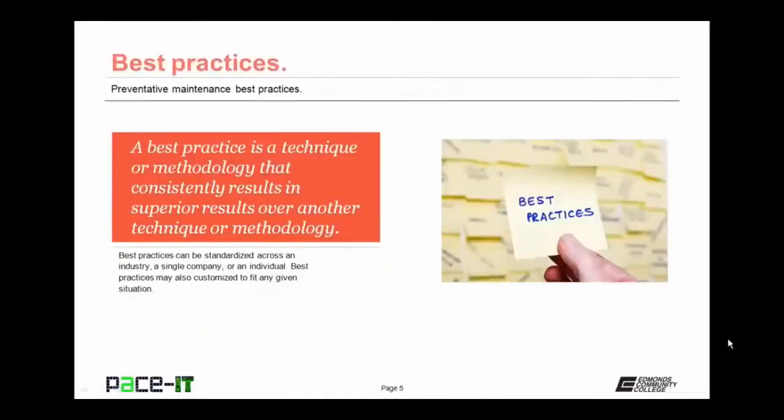So what are best practices? Best practices are a technique or methodology that consistently result in superior results over another technique or methodology. Now, best practices can be standardized across an industry, a single company, or just to an individual.